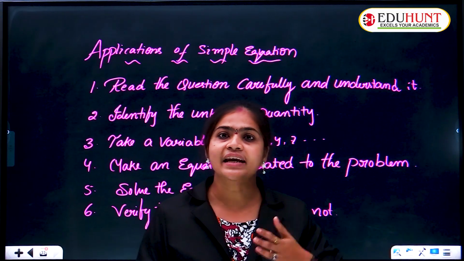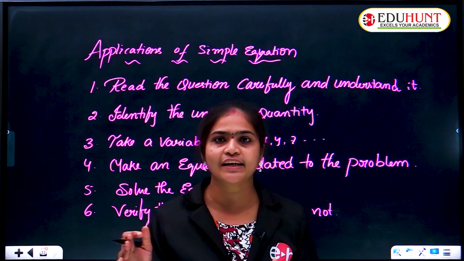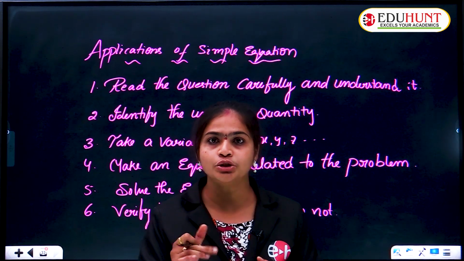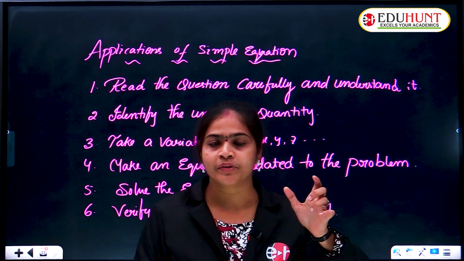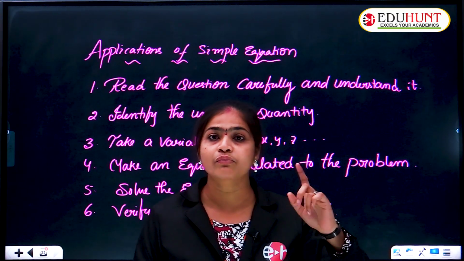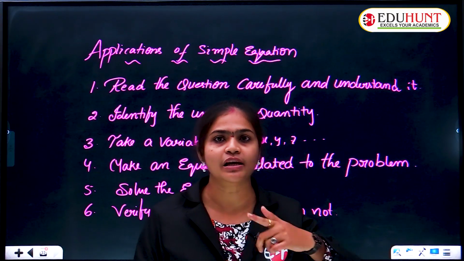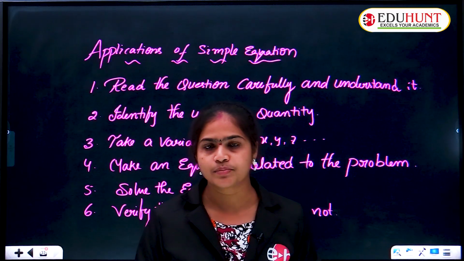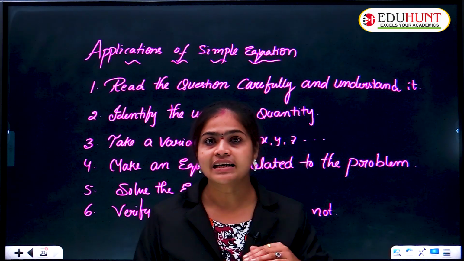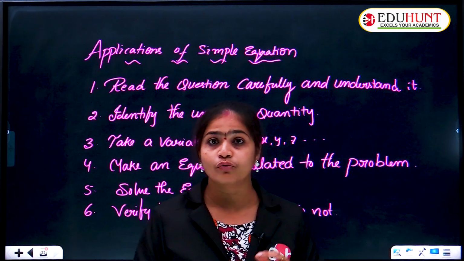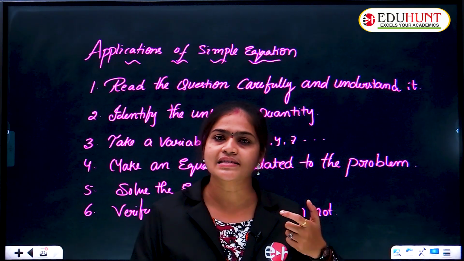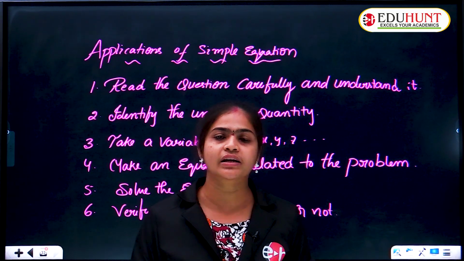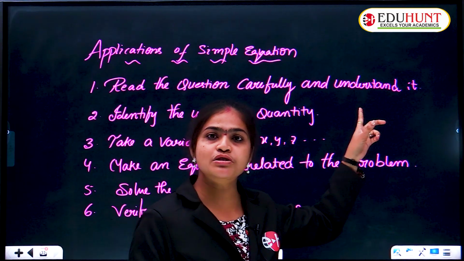After that, form an equation. That equation should be related to the given problem, and in that equation, the variable you take, that variable also you should write. That is the fourth step. After that, solve the simple equation. What equation you form, you will get a simple equation only, because these are applications on simple equations.